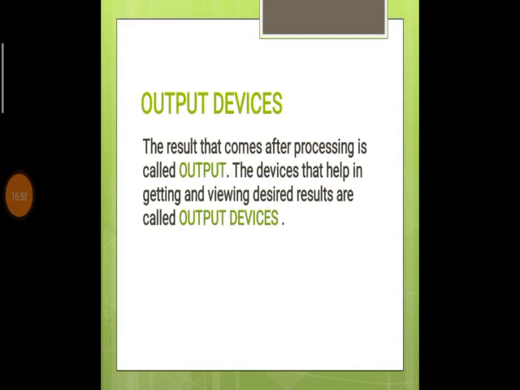Here we will discuss output devices. We have already discussed input devices. After processing by the CPU on an input, we get the result, the output, and in this topic we will discuss output devices.